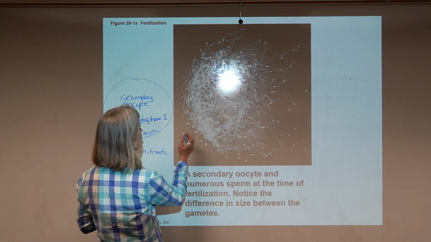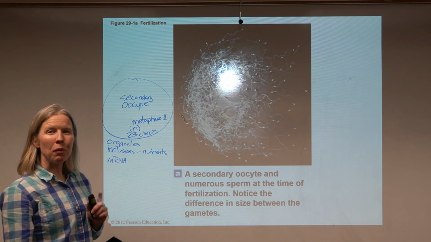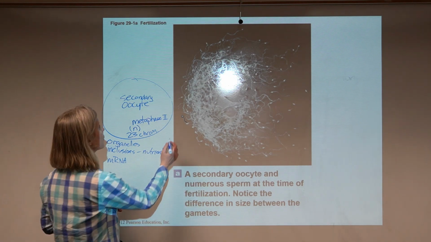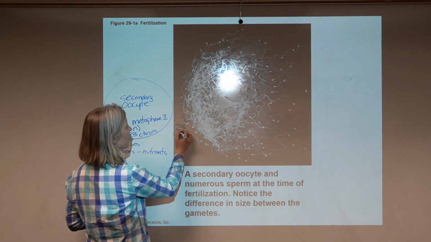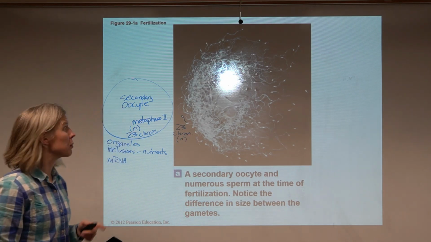Recall that our sperm are basically just bringing the DNA. They've totally completed meiosis. They also have 23 chromosomes and are haploid, half the genetic material.